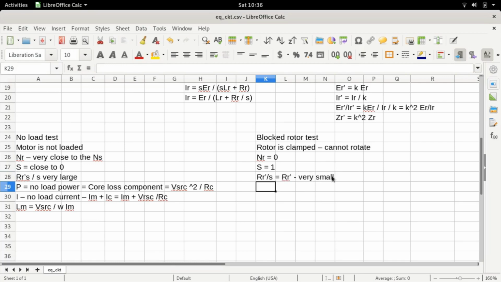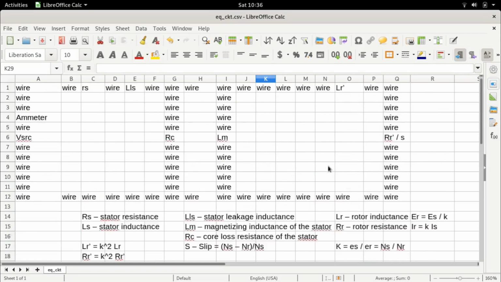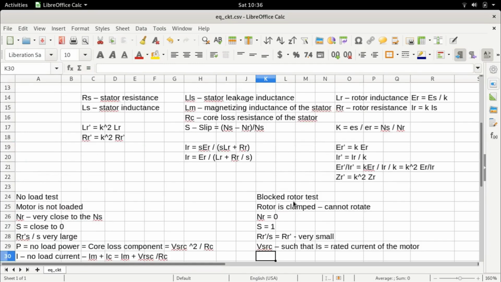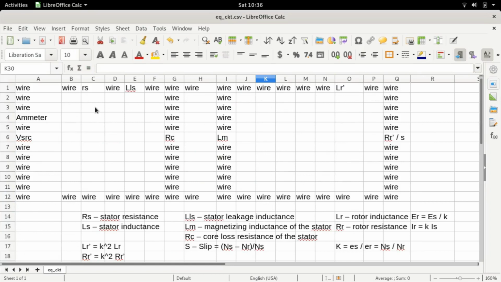So now the question is, what are we trying to do here? We are applying Vsrc such that the current Is is equal to the rated current of the motor. This is what we're doing. So if the current is the rated current of the motor, the ohmic loss, which is the loss produced by the current flowing through the stator winding resistance and the rotor resistance, is equal to the rated ohmic loss.